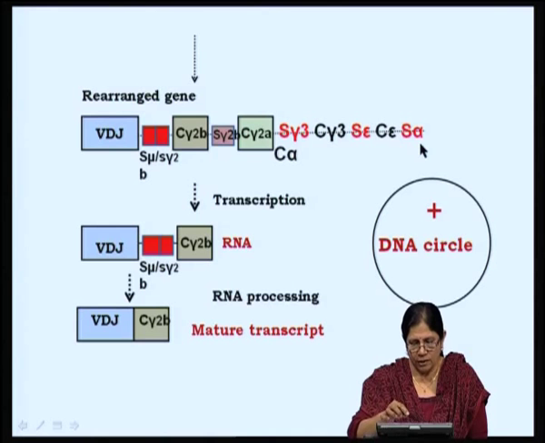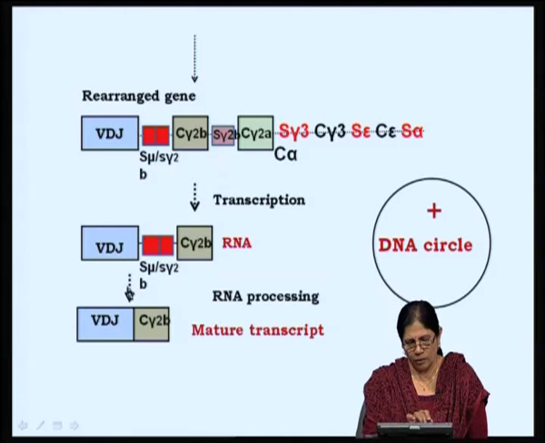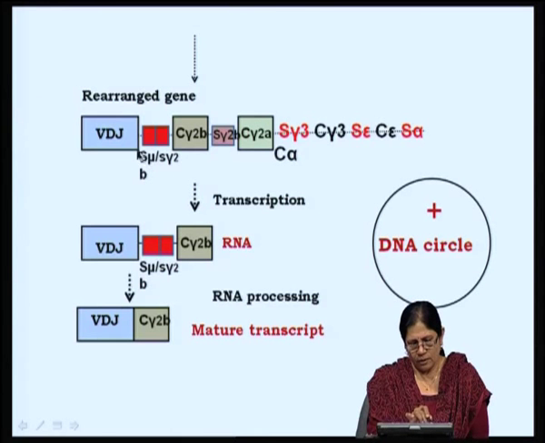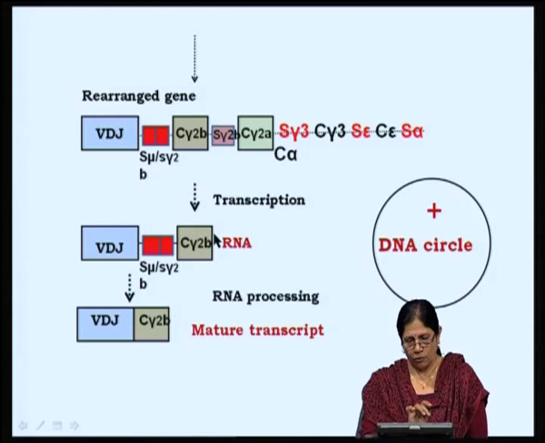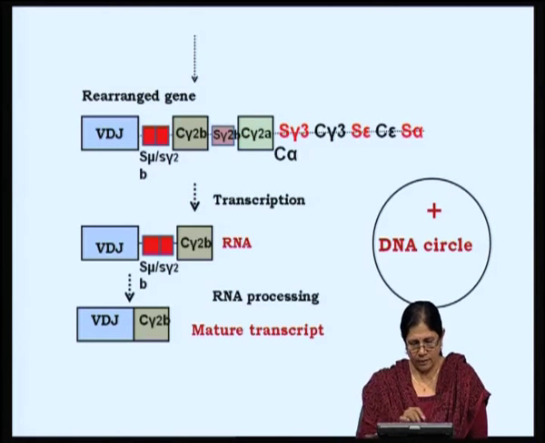Now, it is at the transcription level that you will have the VDJ. You can still see the joined switch regions C mu and C gamma 2b, and the RNA transcript has been formed together with the DNA circle. Now, what is this DNA circle? We will come to that in the next slide.